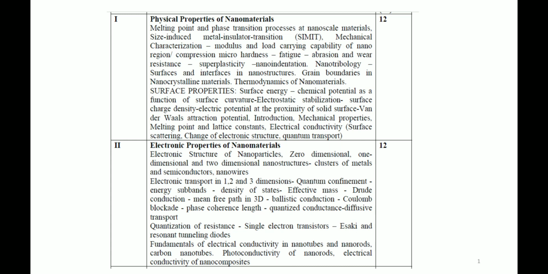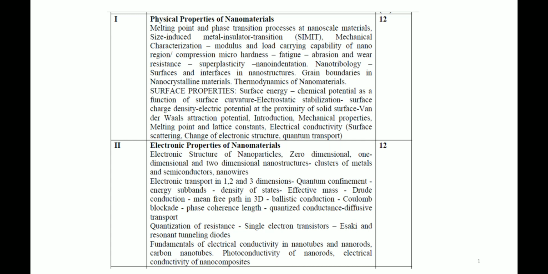In the physical properties of nanomaterials, as you can see, there are the melting point and phase transition processes at nanoscale materials, then size induced metal to insulator transition, that is SIMIT. If you change the size of the material, due to the quantum confinement effect its band gap is going to increase.